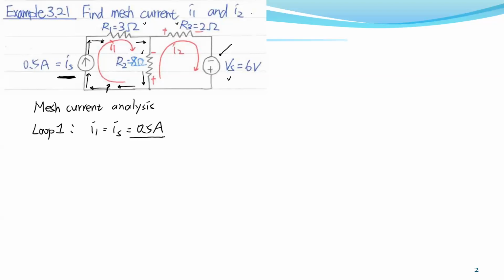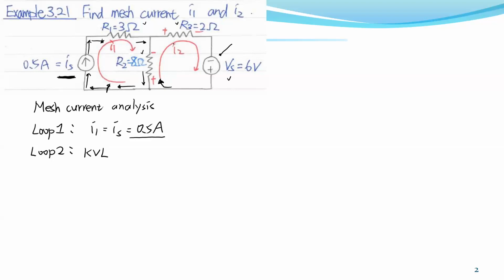And then we look at loop 2. So within loop 2, we start from the left bottom of the loop, and there's I2 flowing into loop 2. And when we're doing KVL, if you remember, we are doing KVL for mesh current analysis, and KVL says the summation of the voltage within a loop is 0.